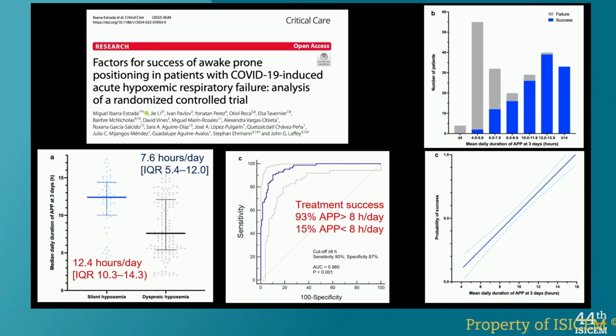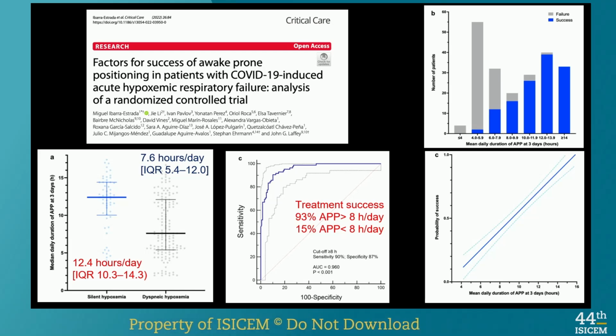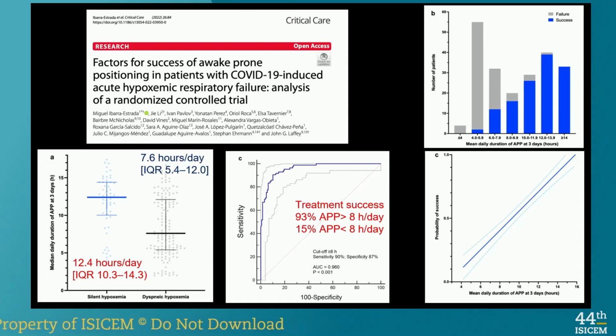And again, some of this is dictated by their comfort. You can see some patients who were dyspneic, so with hypoxemia, spent fewer hours in prone position compared to the ones that were more comfortable. And that's quite important.